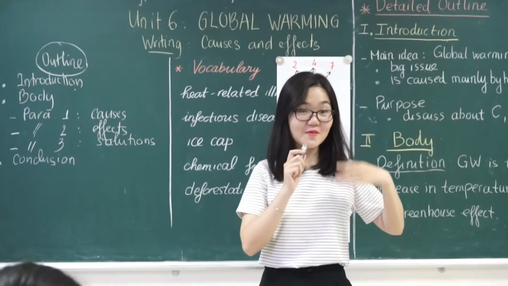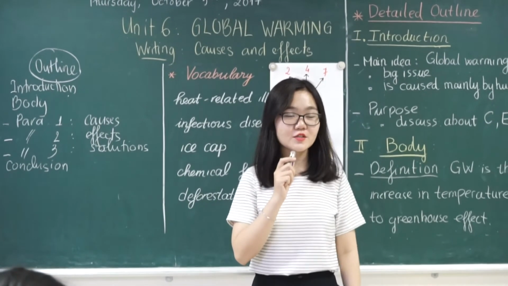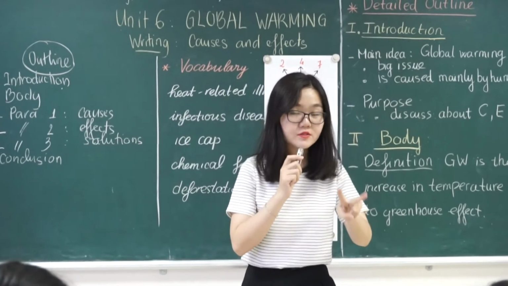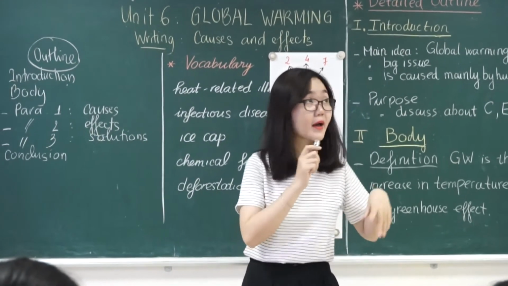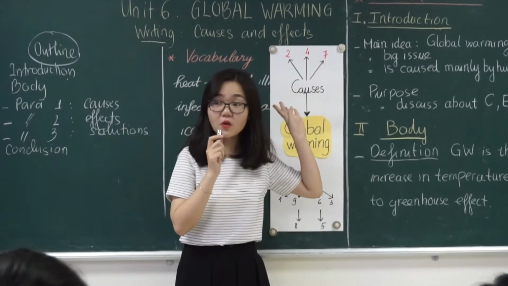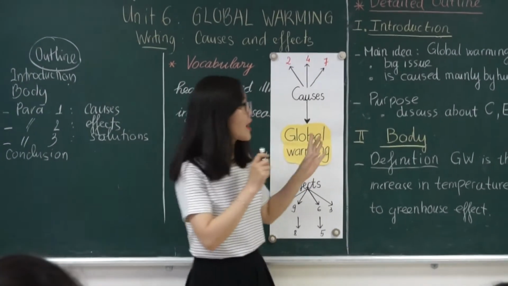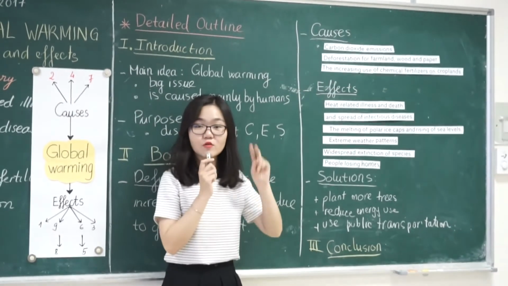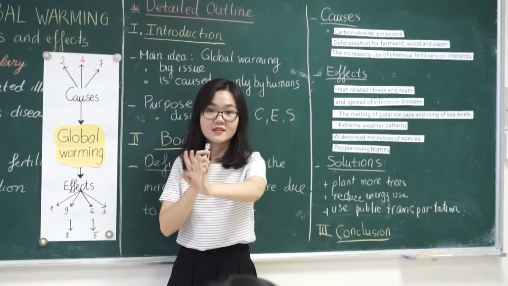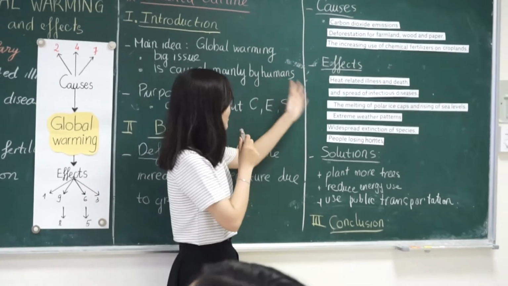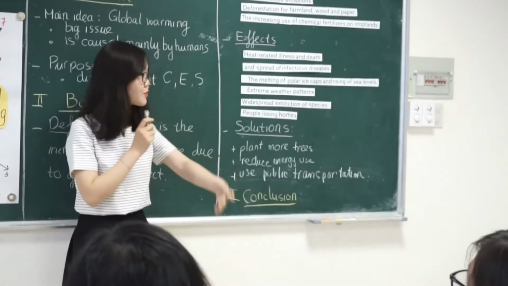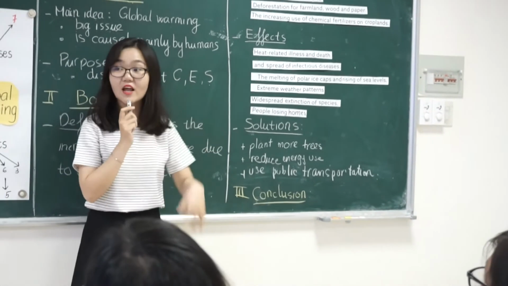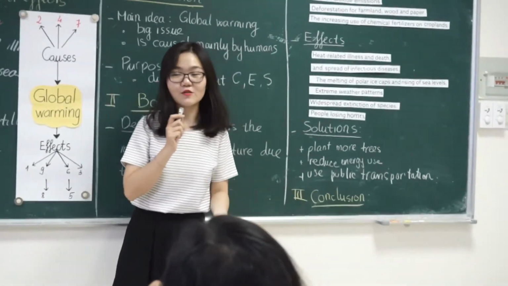Okay, class, it's time for your practice. I want you to work in pairs and write a short paragraph about global warming. Because we don't have time, group 1, you will write about the causes, okay? Nguyên and V. And group 2, Huyền and Ngọc, you will write about the effects. And the last group, you write about the solutions. Is that okay, class? Thank you.